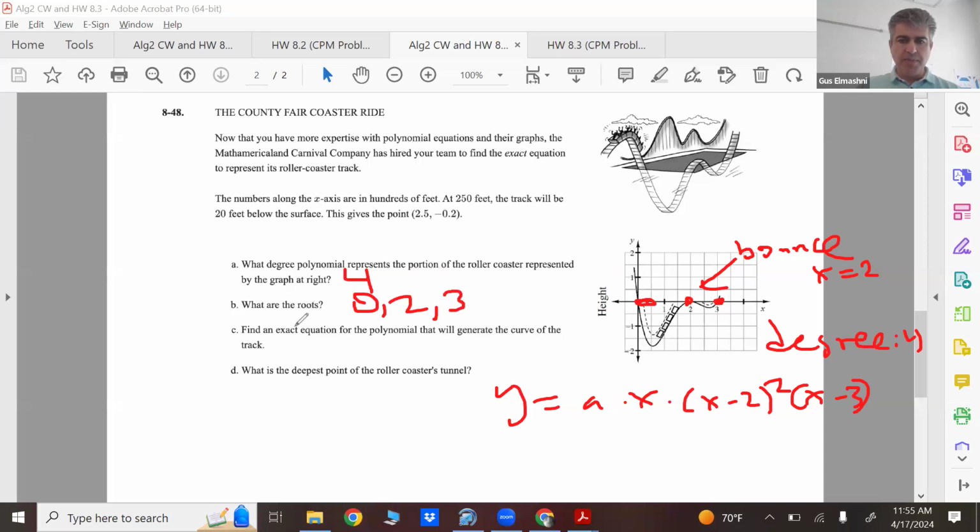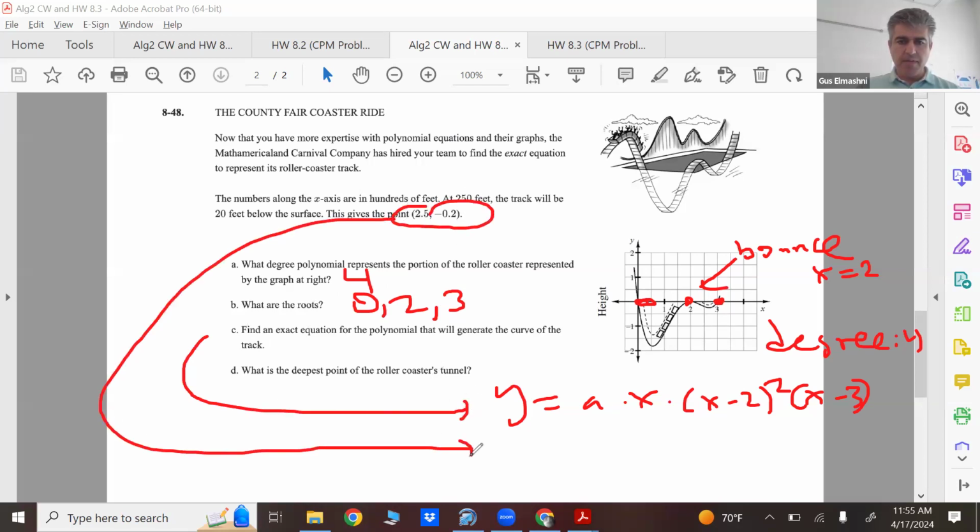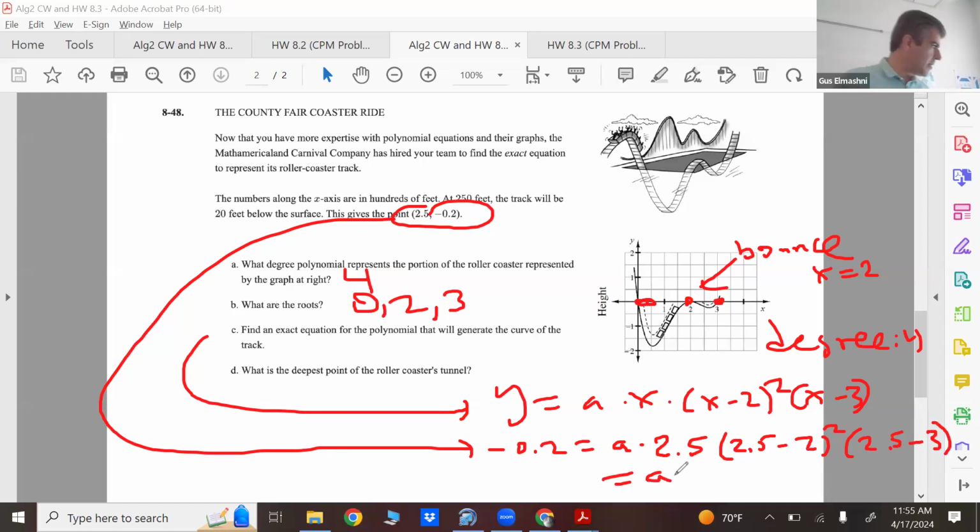Find exact equation. So for part C, I'm going to plug in this point as well. If I solve for a, I'm going to get a calculator.